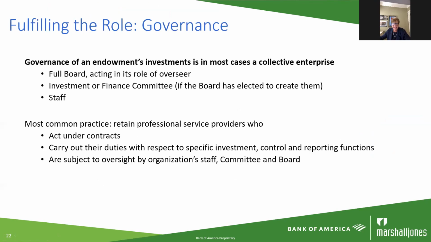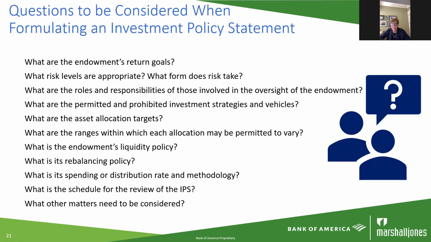So on the screen, you'll see some questions to consider when formulating your organization's investment policy statement. For those of you who already have your IPS in place, there may be some questions that you haven't yet answered. And for those who have not created an IPS, these questions are a great starting point.